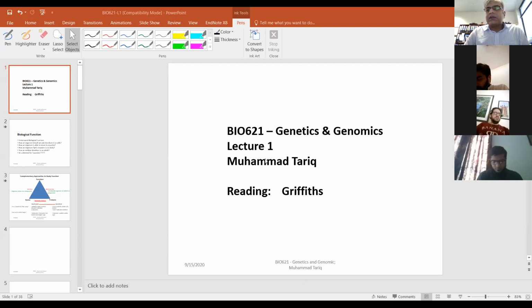So in order to understand the function of the cell, we need to understand the function of the different molecules that exist within the cell. And one of the fundamental molecules which acts as a template and regulates more or less every cellular process, or predominantly the majority of cellular processes, is the DNA molecule. You all know DNA is composed of the 4 nucleotides.